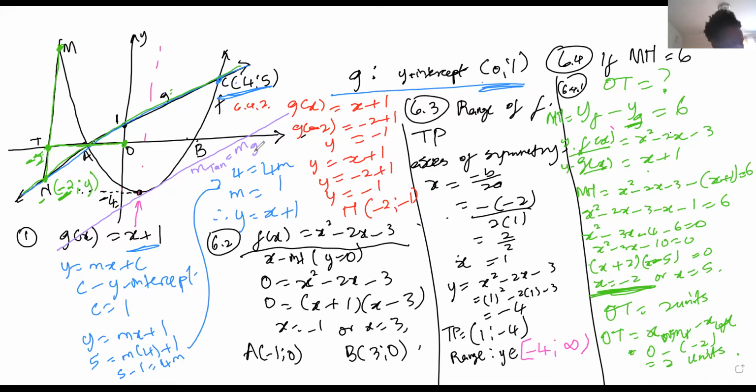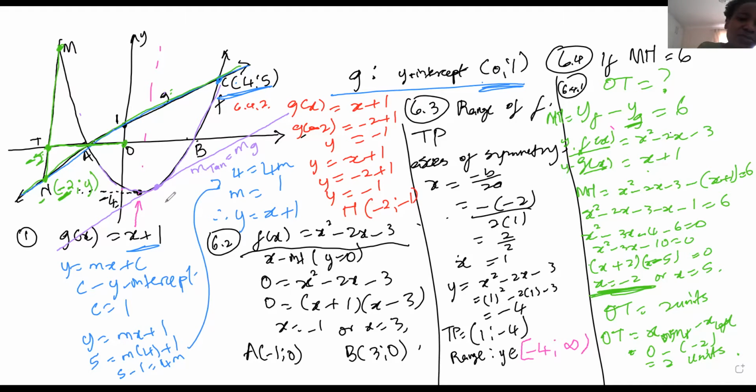And then also remember from your calculus that a gradient is the same as a derivative at that point. So a gradient at this point is actually the derivative of the graph f at x. A derivative is the gradient of the function.